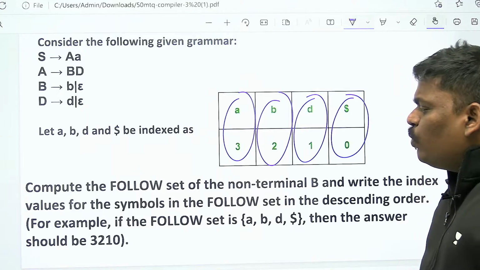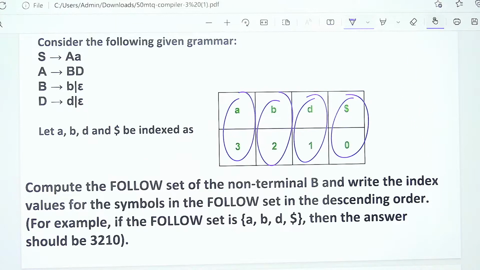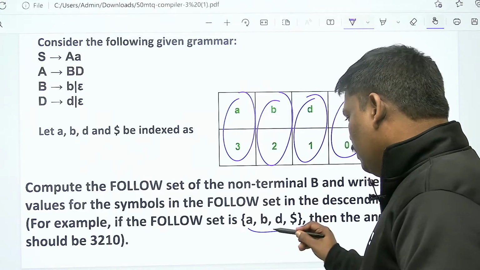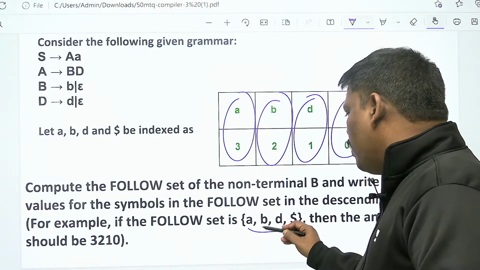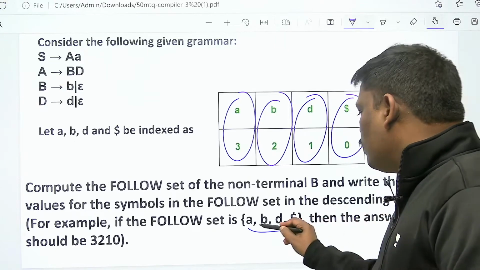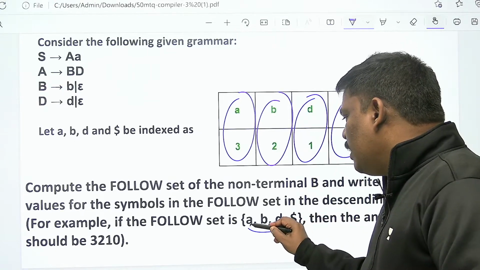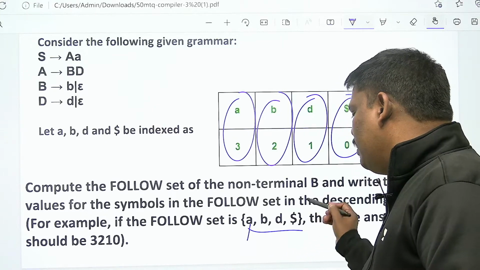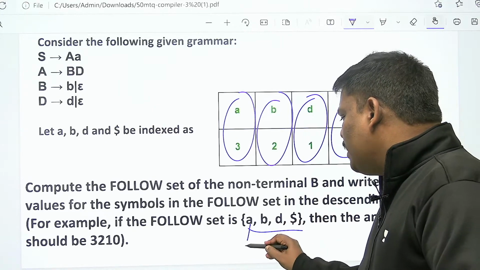Next, compute the follow set of the non-terminal B and write the index values of the symbols in the follow set in descending order. For example, assume that follow is ABD. What is the A? 3.